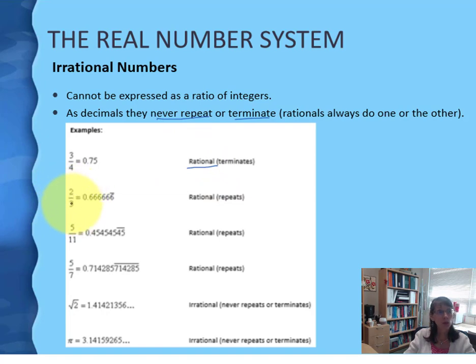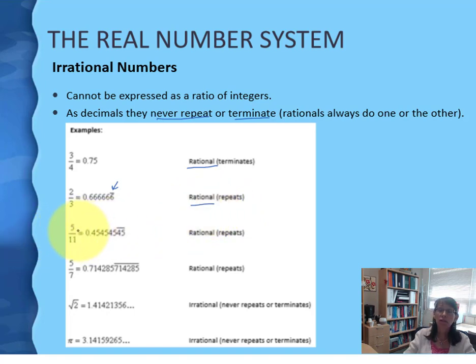Another example is 2/3. Take 2 and divide it by 3 on your calculator, and you will see 0.666666, and it repeats. So this value of 6 repeats. That's what the bar represents here. And since it is a repeating decimal, it is considered to be a rational number.